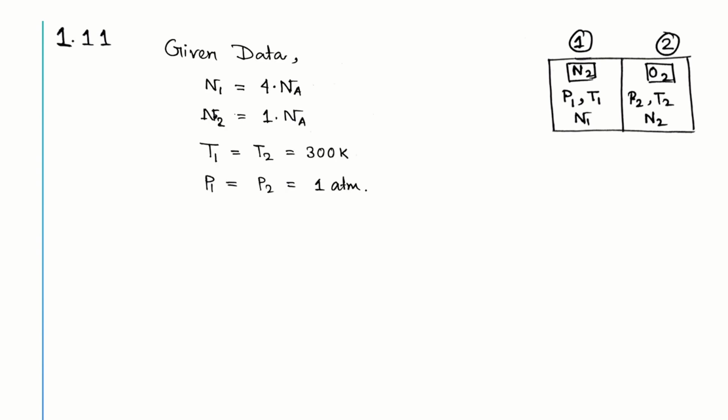So let's see the given data. N1 is equal to 4 times the Avogadro number, because the question says 4 moles of nitrogen gas and 1 mole of oxygen gas, and the temperature is the same and the pressure is also the same.